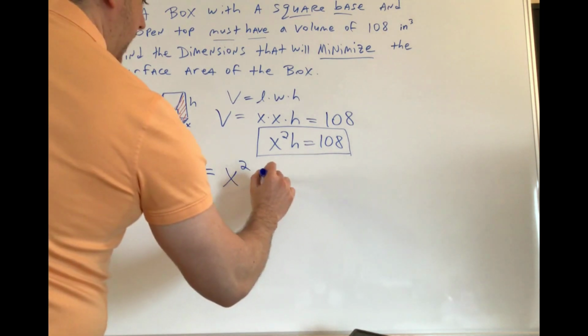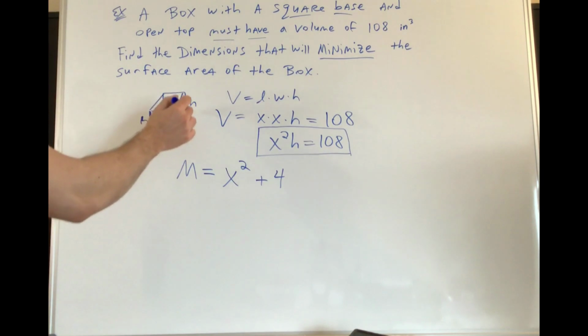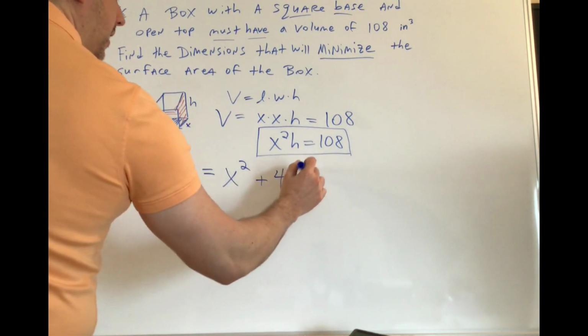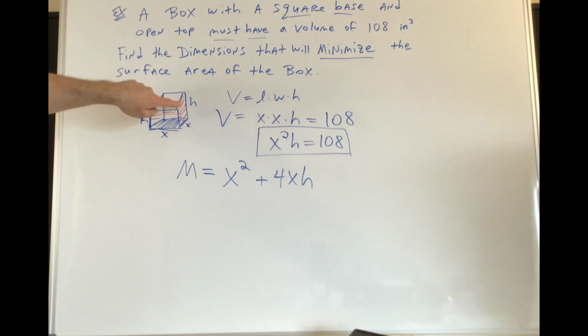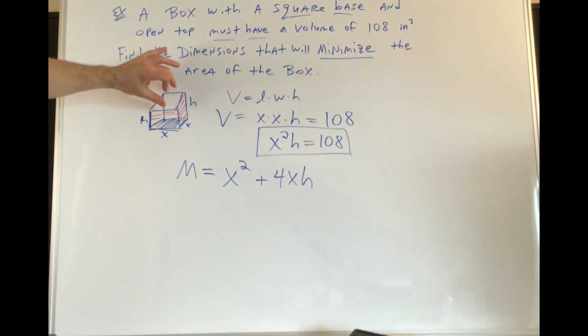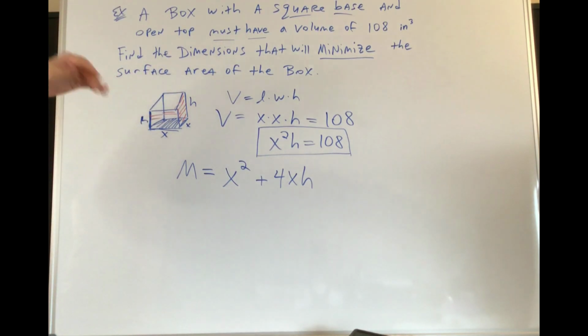You have 4 sides, and every one of those sides has an area of the length, which is x, and the width, which is h. The bottom is a square, so I can say x and x, or you wouldn't even be able to do this question. Each of the sides is a rectangle, and a rectangle has an area of length times width.